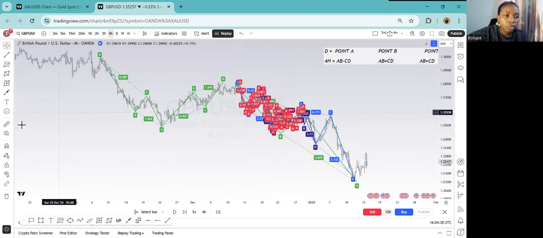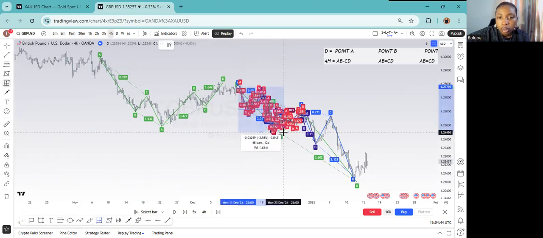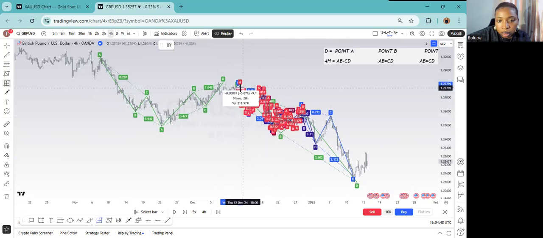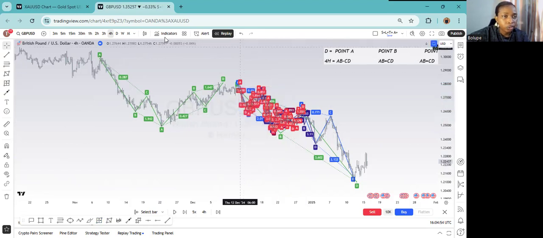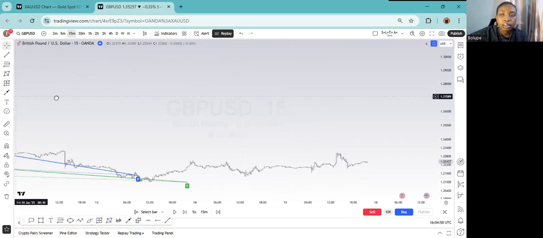Point A to B on 4 hours. And let's measure the days as well. How long did it take? Almost 2 weeks, 12 days, 344 pips. Let's go to 15 minutes.